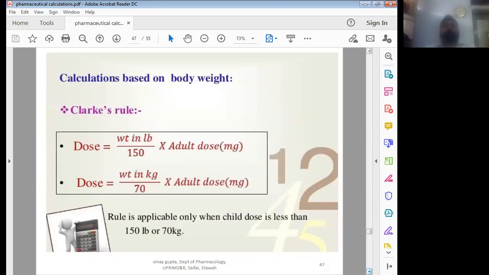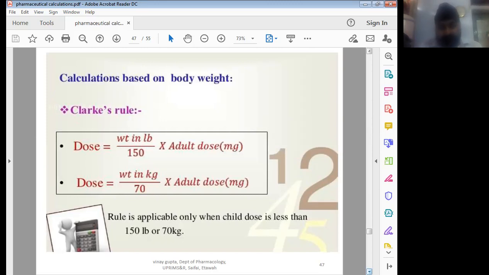Then some other formulas are also there for calculating the child dose based upon body weight. That is Clark rule. Here, if the weight of the person is in pounds, it will be divided by 150, and the whole will be multiplied with adult dose. Another formula is there if the weight of the person is in kg: weight in kg divided by 70, whole multiplied with adult dose.